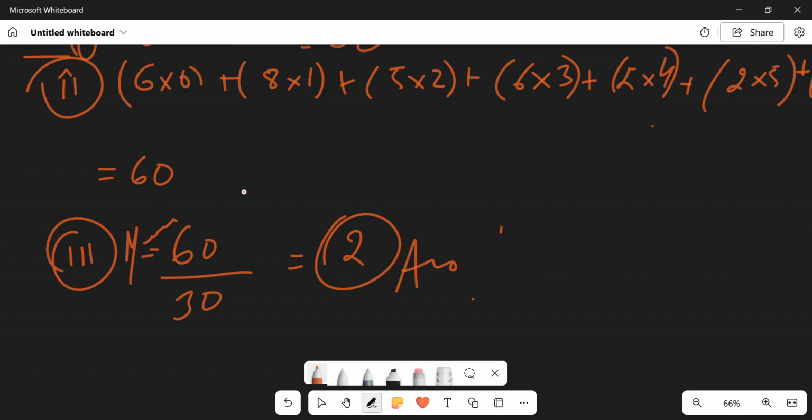And the number of students are 23, 4, 5, 2, 2, 1, 2, and 1. Find the mean number of the days of absence. Here we need to find sigma fx, right? Frequency f multiplied by x, right?